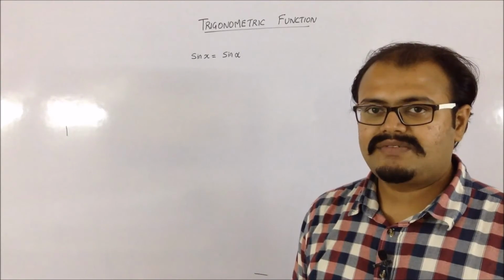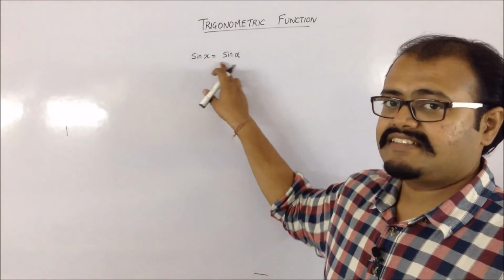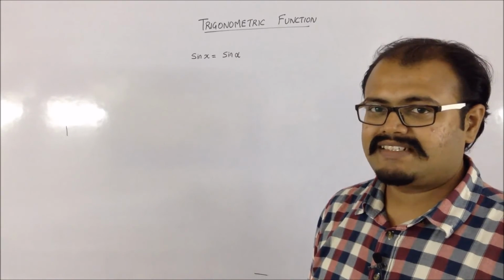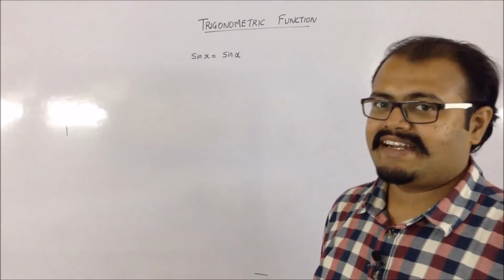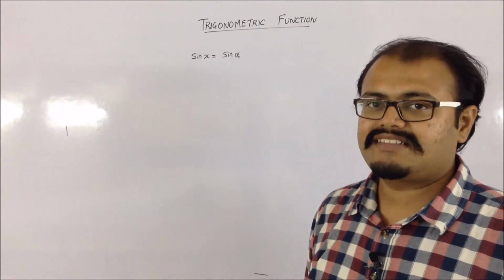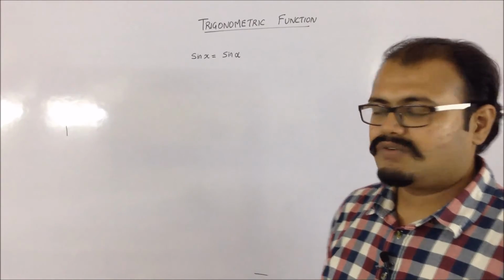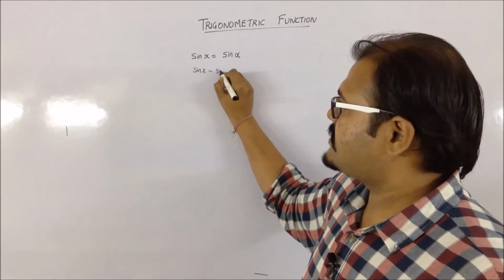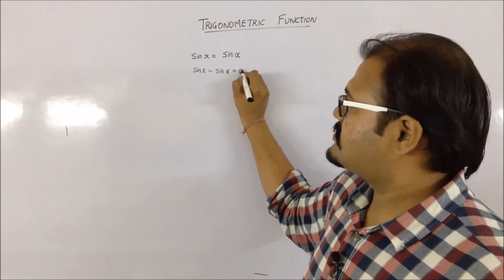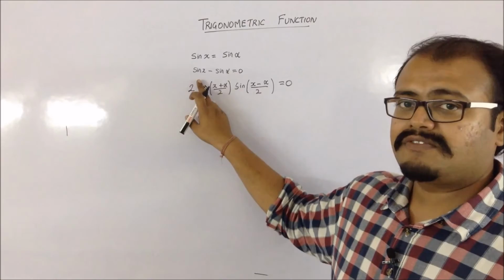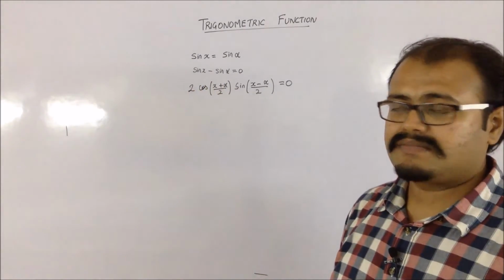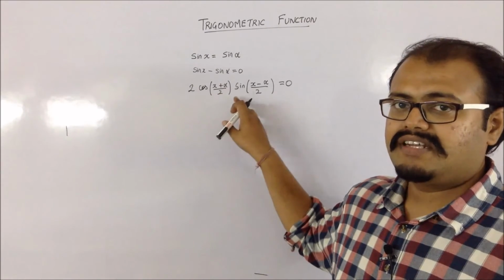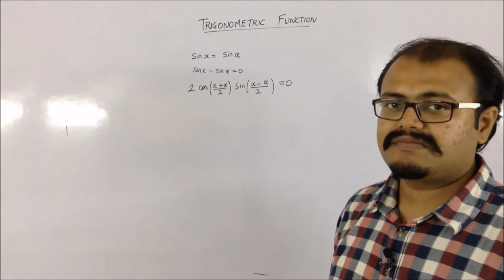Next trigonometric equation is wherein I am having sin x equals sin alpha. Now one of the solutions basically will be x equals alpha, but I don't want that. I want a generalized version of this. So what I do is I first of all take sin x minus sin alpha equals 0. I apply the formula for sin A minus sin B, which is basically 2 cos of (A plus B) by 2 into sin of (A minus B) by 2.